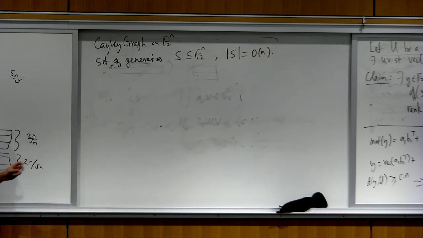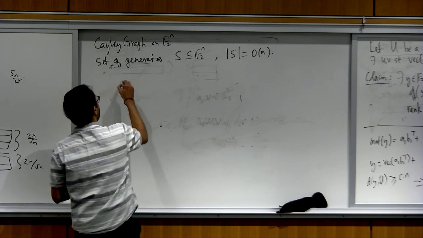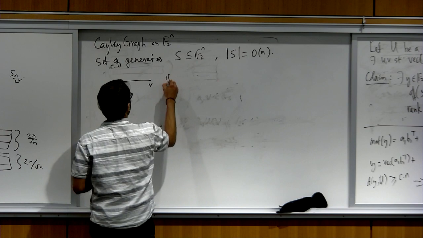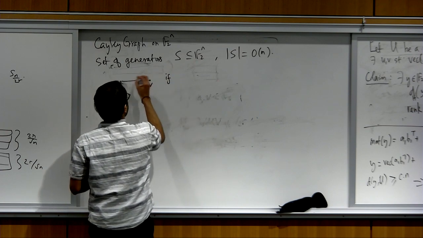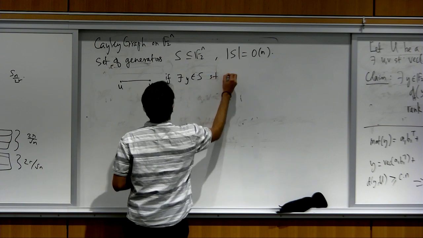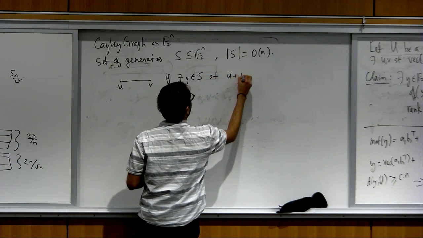Now you have an edge between u and v if there is a y in S such that u plus y is v.